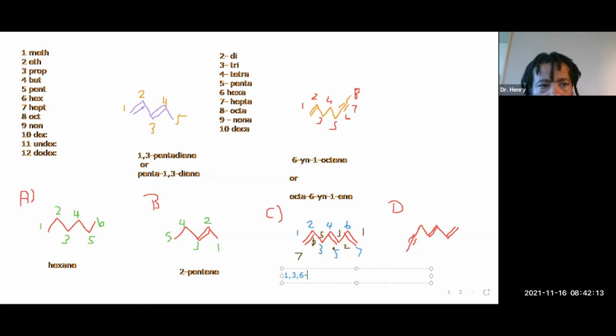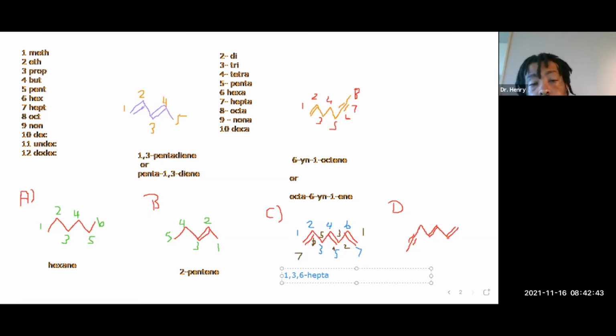Okay, the longest carbon chain is how many carbons long? The longest carbon chain is 7 carbons long. So it's hept, that's right. So we'd say hept. And we put that A in there because there's going to be a little bit more behind it.